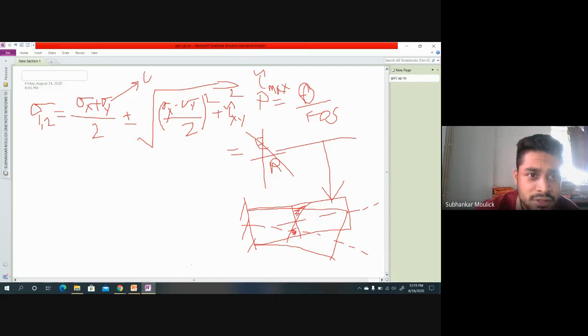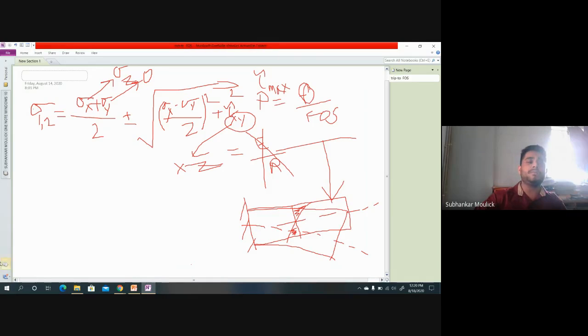Sigma y is 0, sigma x becomes sigma z, and tau xy becomes tau xz. So your final equation becomes sigma 1, 2 equals sigma x by 2 plus minus root of (sigma x by 2) whole square plus (tau xz) whole square, which is nothing but this expression.